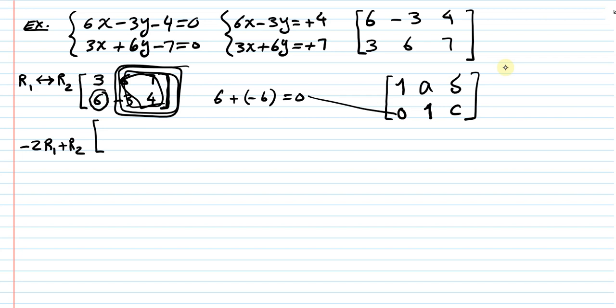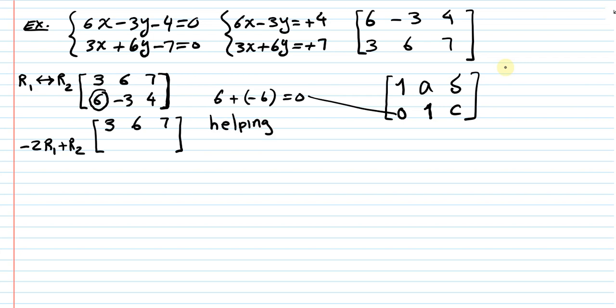Now, because I'm replacing the second row, the first row is intact. The first row is not going to change through this process. We call this first row a helping row, actually. It's simply going to help us get rid of another row and replace it. In the process, it's not going to replace itself.